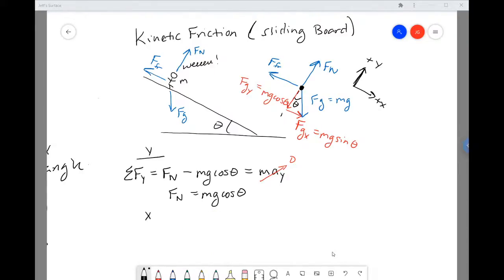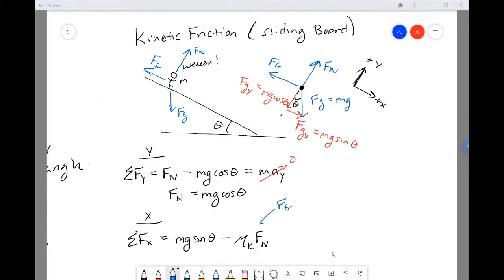In the x direction, the net force in that direction is equal to a positive force, which is the x component of the child's weight, gravity, mg sine theta, minus the frictional force, which in this case is kinetic friction, equal to a coefficient of kinetic friction times the normal force.